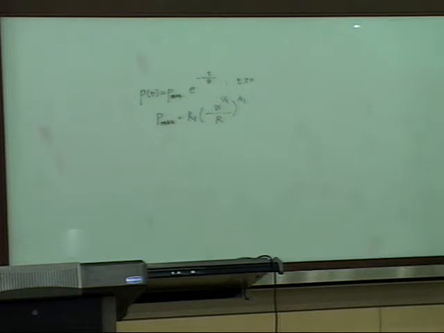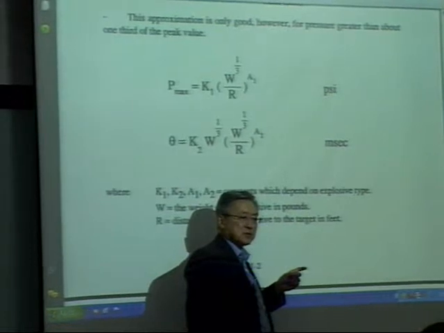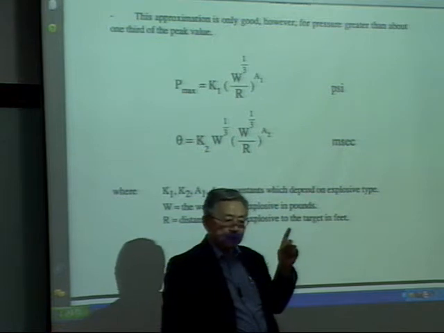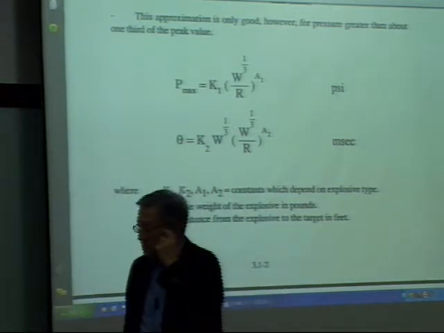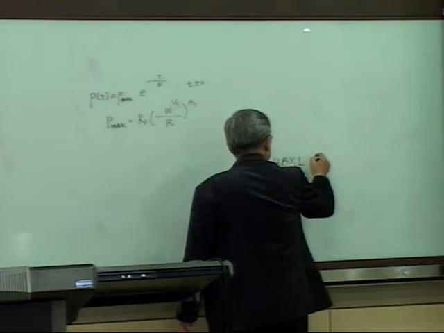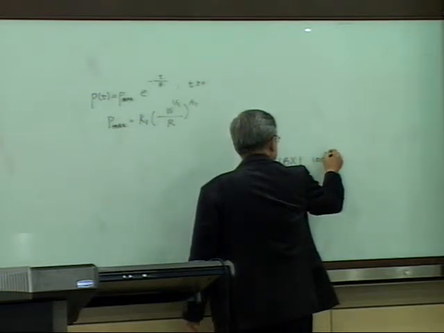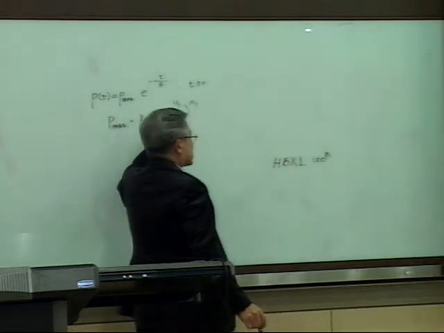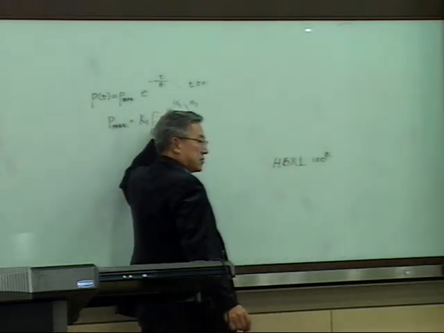Charge weight of the explosive, unit dependent, in pounds, which is equivalent to TNT. For example, if this is explosive HBX1 and your charge is HBX1 100 pounds, then when you put the W, it's not going to be 100.